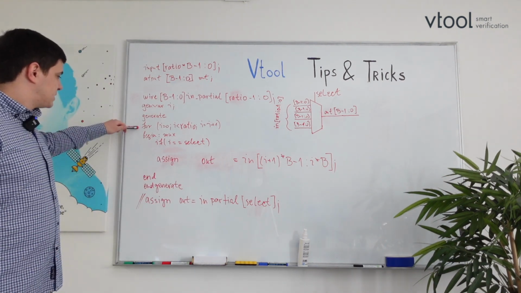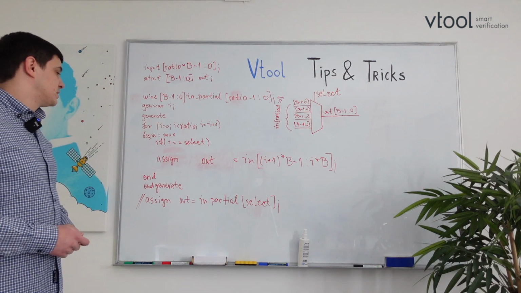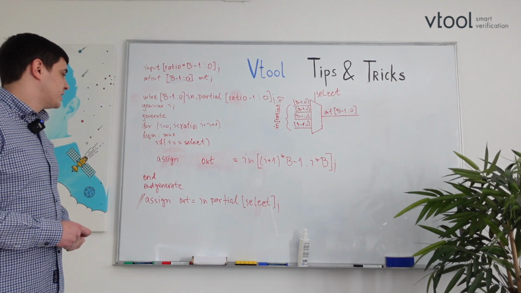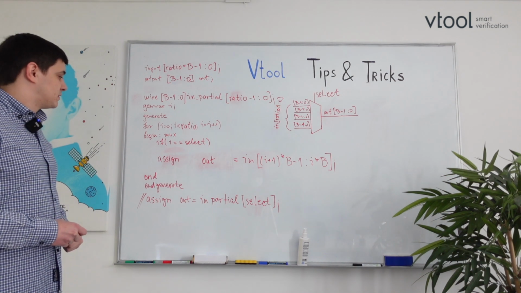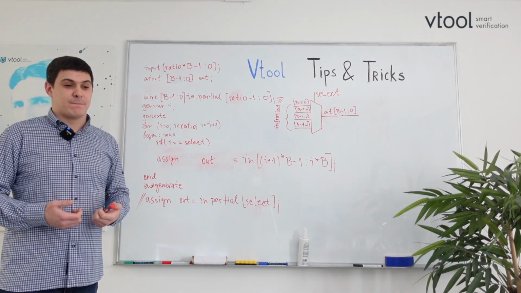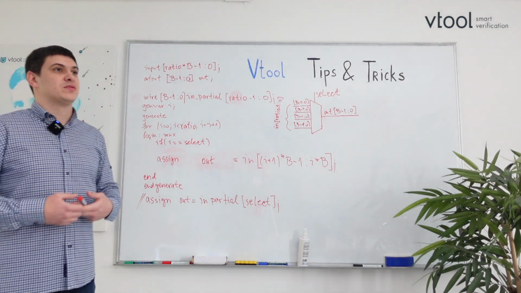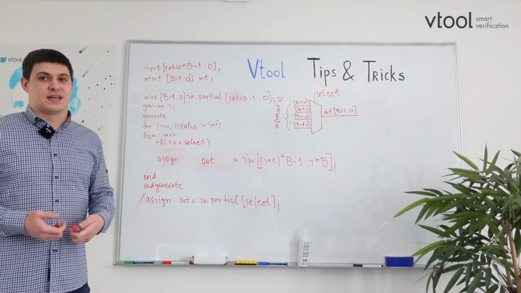But when we do this and when we try to compile it, we will see that this won't compile because of the simple fact that the generate block is being executed in the build stage. And in the build stage, we don't have our finite design.